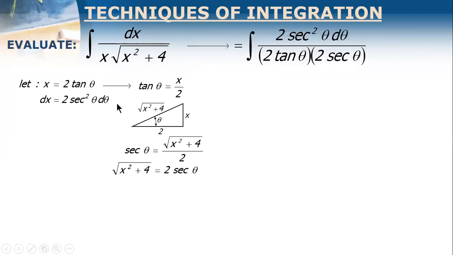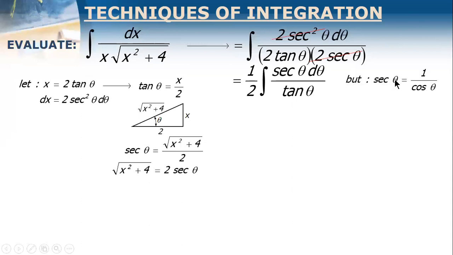Dx is 2 secant squared theta d theta. And then for the denominator, we have x, which is 2 tangent theta, and then square root of x squared plus 4 is simply 2 secant theta. And then let's cancel out 2 secant squared theta over 2 secant theta. What remains is secant theta. And so we have 1/2, secant in the numerator, tangent in the denominator.